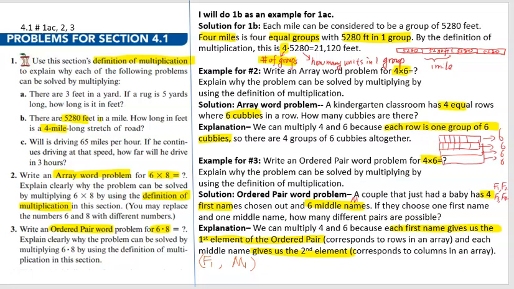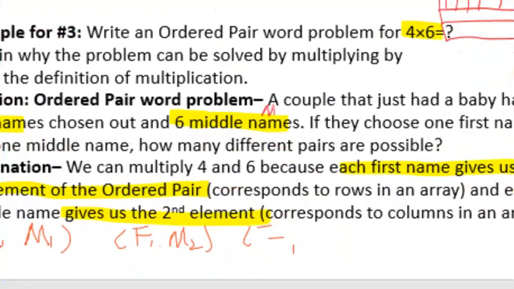The first name becomes the first element, and the middle name becomes the second element, because every name has 2 elements. And then you can also pick F1, M2, and F1, M3, and F1, M4, and F1, M5, and F1, M6.